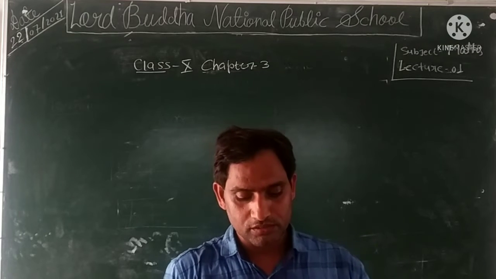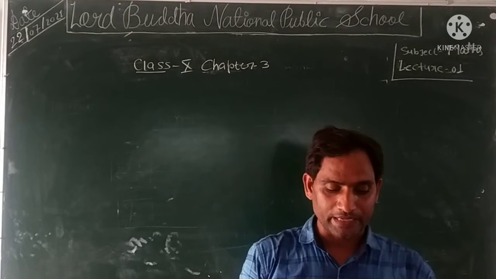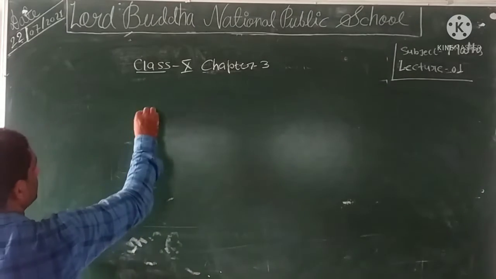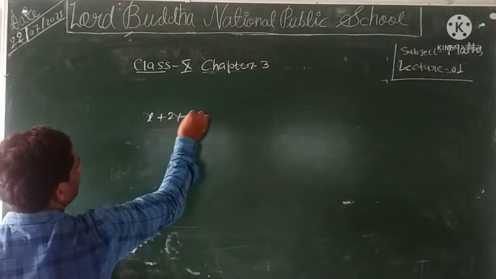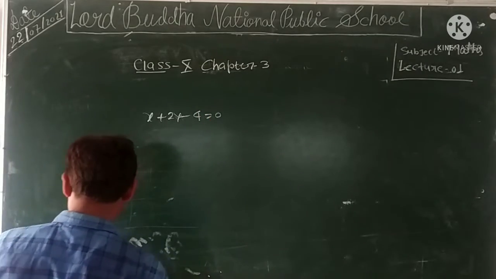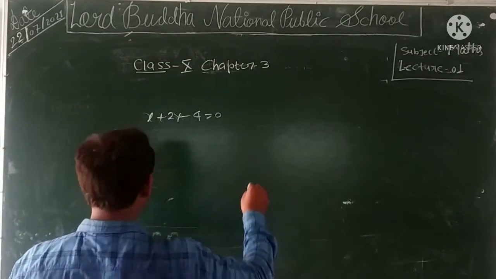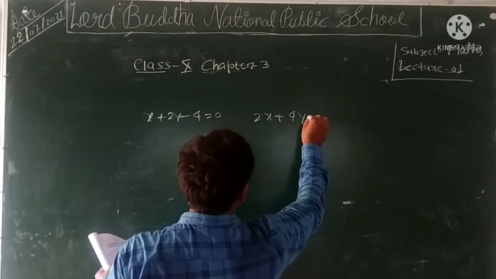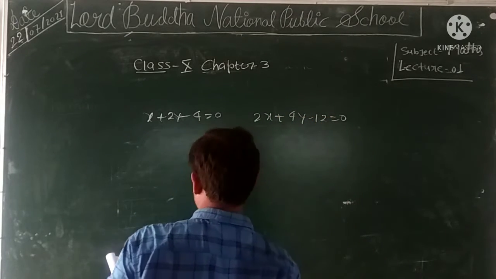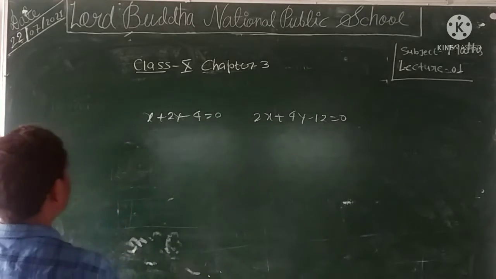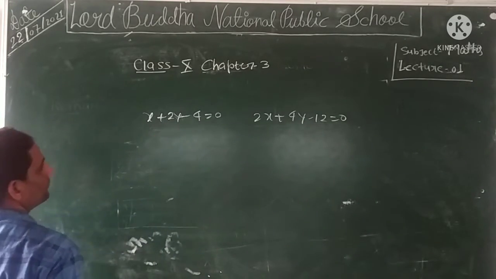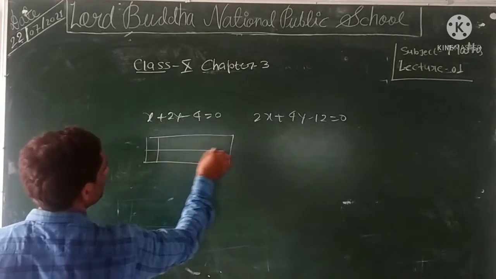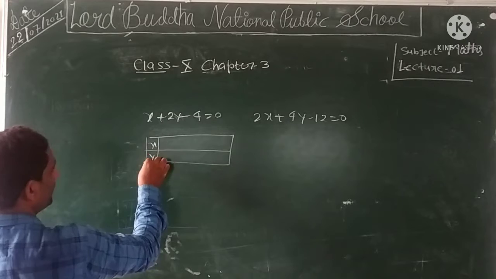The other question is: two lines are represented by the equations x plus 2y minus 4 equal to 0 and 2x plus 4y minus 12 equal to 0. First of all, we find the values of x and y for these. Here we make a table, x and y.